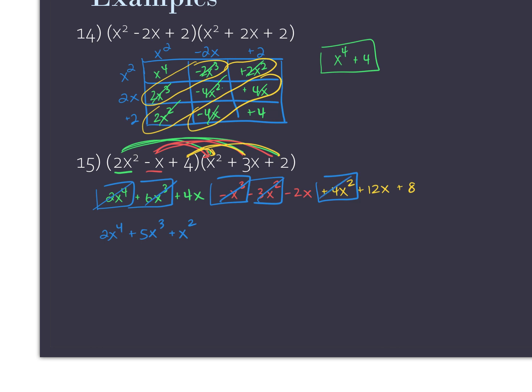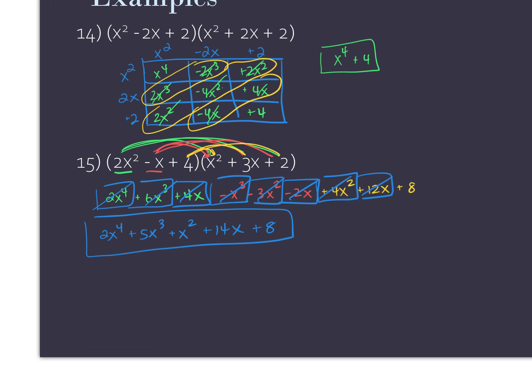Then you go to your x's. You got a 4x, a minus 2x, that's 2x, and a 12x is 14x. Let me make that a little neater. So you've got a plus 14x. And so then these cancel, right? And then you have that last plus 8. And so this would be your solution if you did it this way. So again, that's another method you could choose.